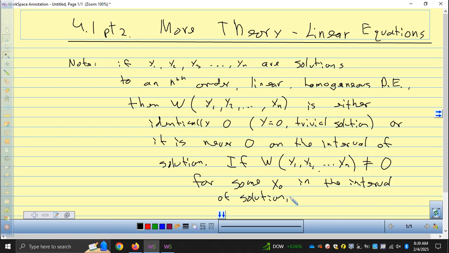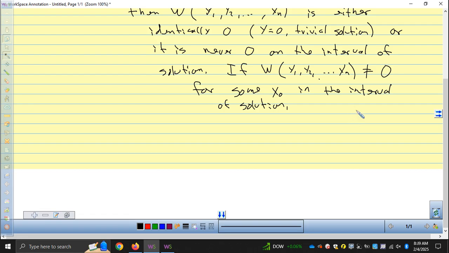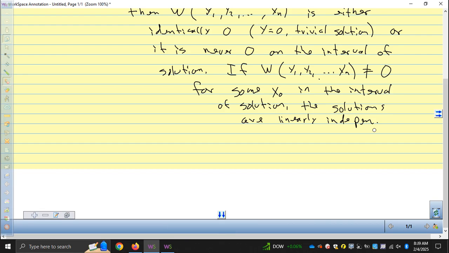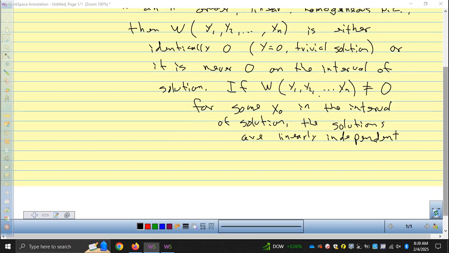If you find one value of x where the Wronskian is not 0, that tells you those solutions are linearly independent. Because our Wronskian is either identically 0 or never 0. So if you find one value where it doesn't equal 0, that tells you your solutions are linearly independent.